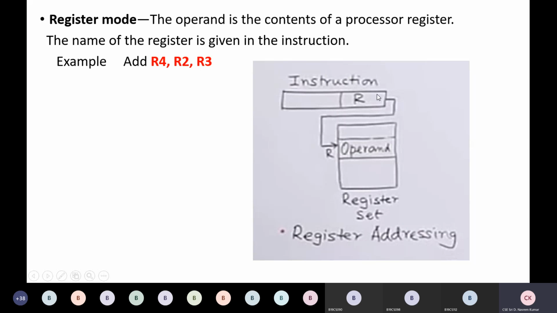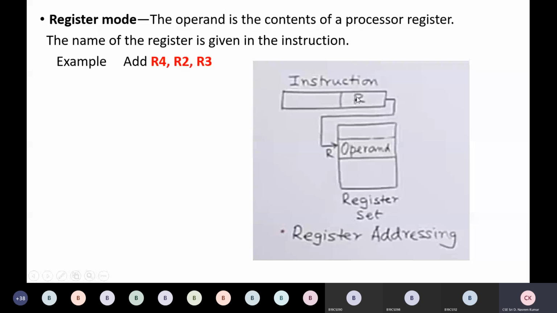In the instruction format, here we have the opcode part, which is add, and the part where we have these registers R4, R2, R3. R4 is referring to the processor register. This is not main memory. These are the register set, meaning processor registers.